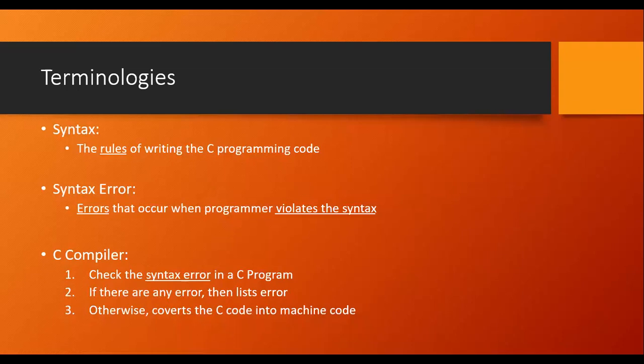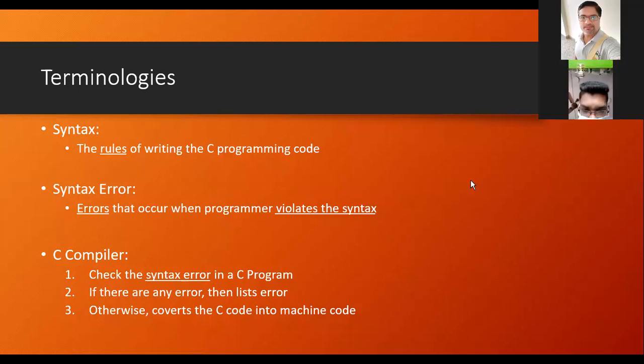If there are no syntax errors in the C program, then the C compiler will translate it into a code which can be understood by the machine or the computer. We call that a machine code. Once the machine code is ready, it can be directly used by the computer in order to execute the program.